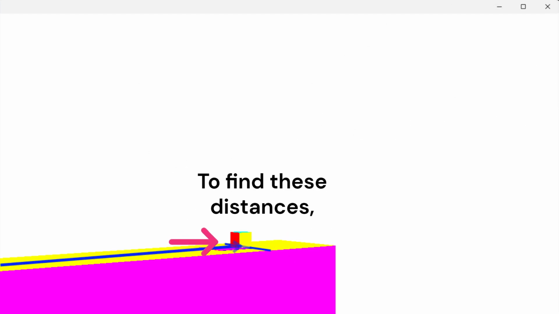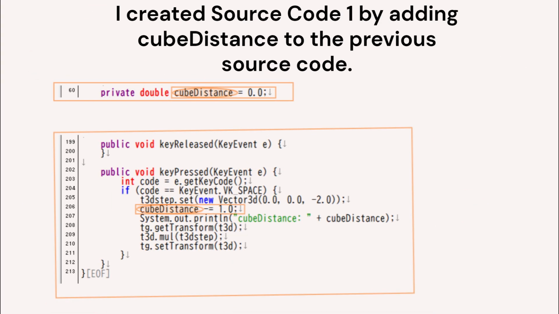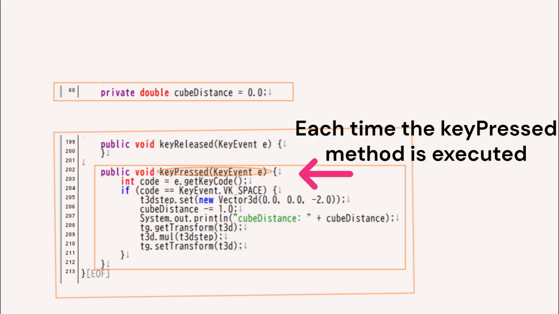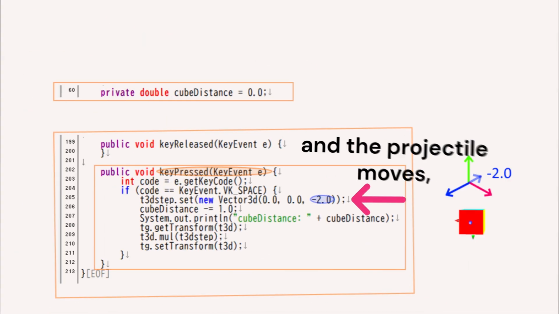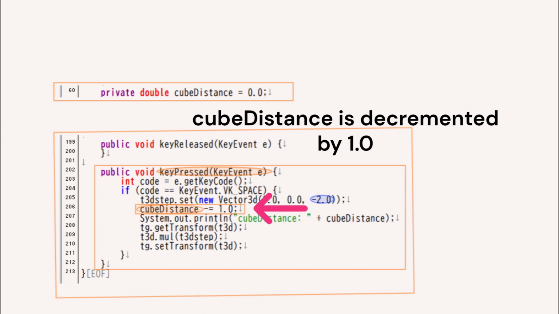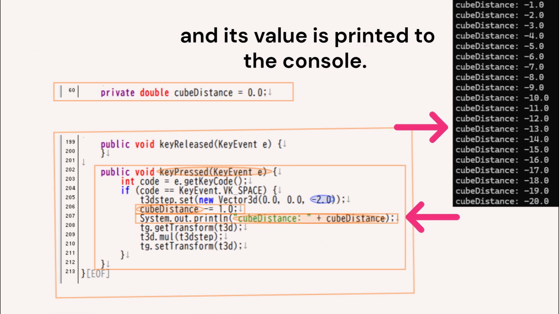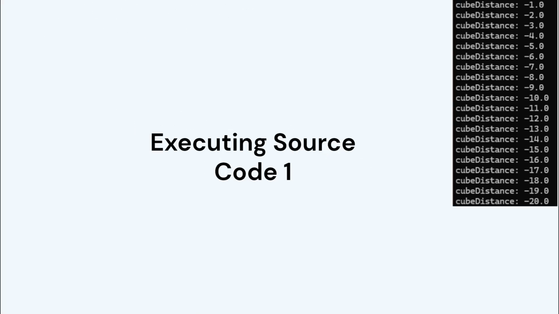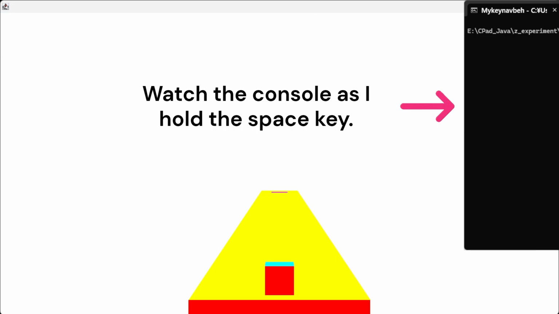To find these distances, I created source code 1 by adding cube distance to the previous source code. Each time the keyPressed method is executed and the projectile moves, cube distance is decremented by 1.0, and its value is printed to the console. Executing source code 1. Watch the console as I hold the space key.